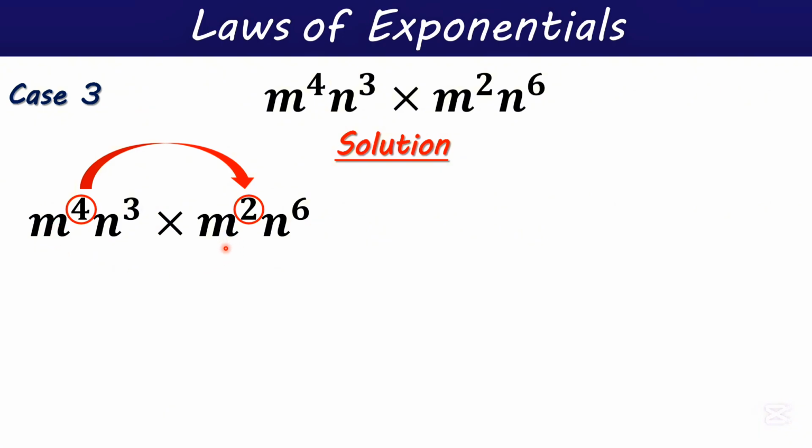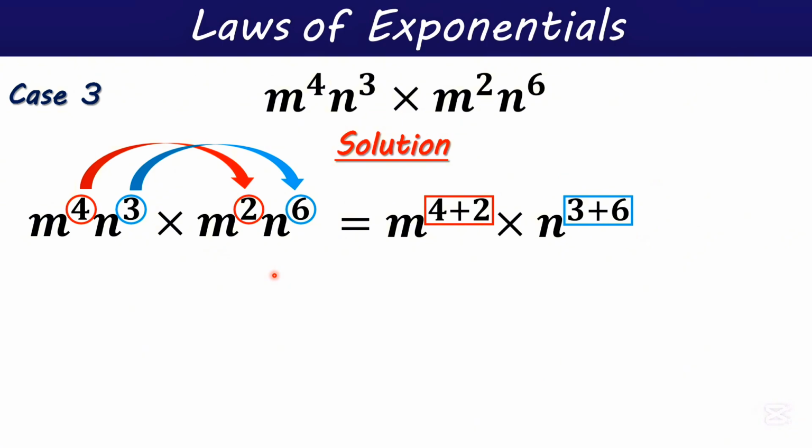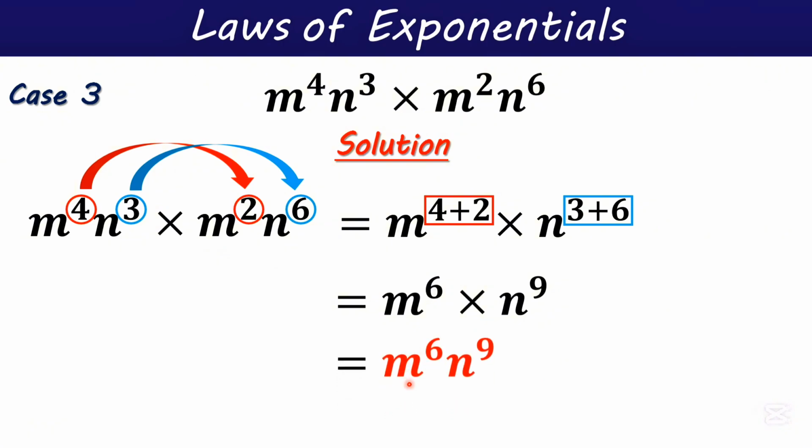We pick their powers and add them, and we pick the powers of the base n and add them, and this will give us m raised to the power 4 plus 2 times n raised to the power 3 plus 6. We have m raised to the power 6 times n raised to the power 9, and m raised to the power 6 n raised to the power 9 becomes our final answer.